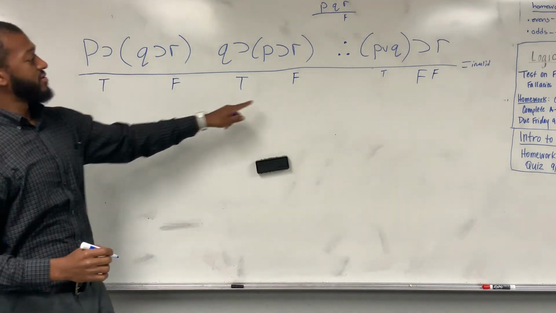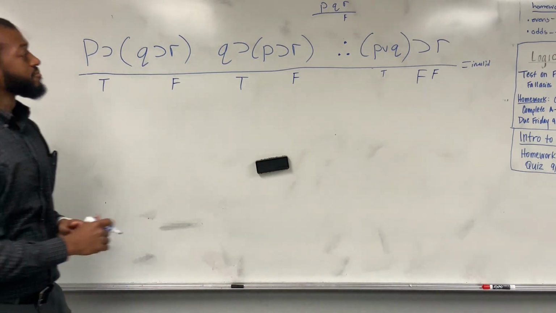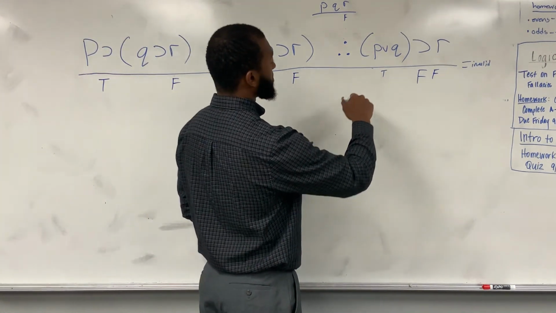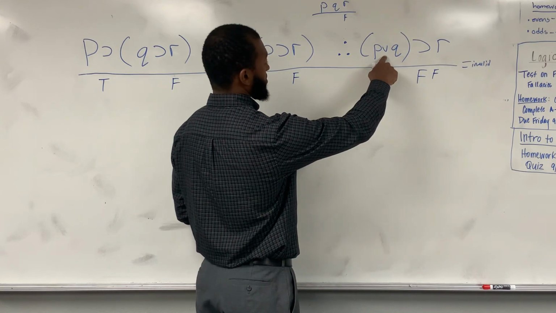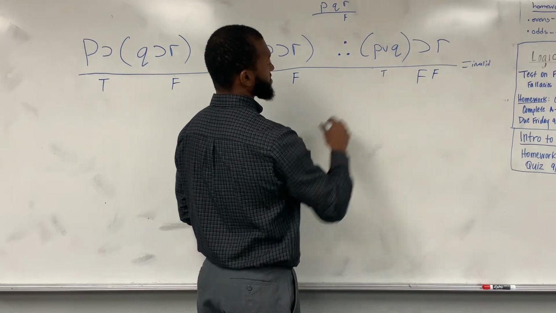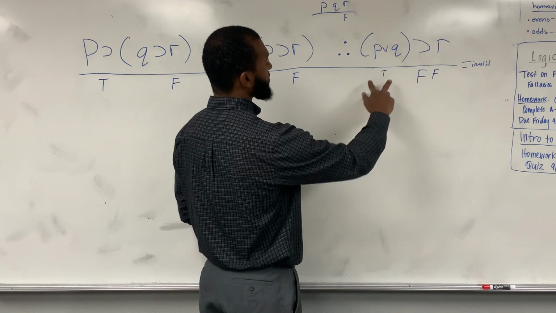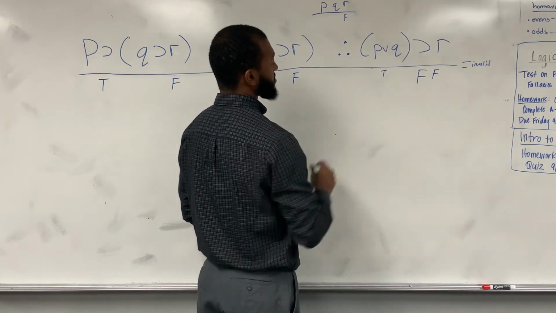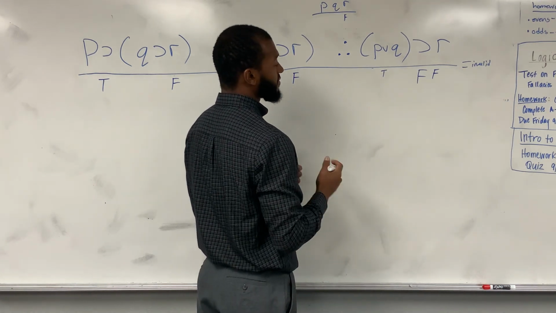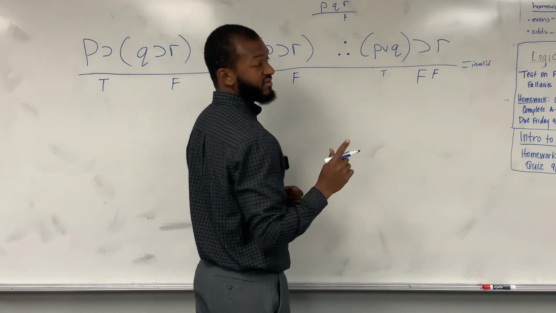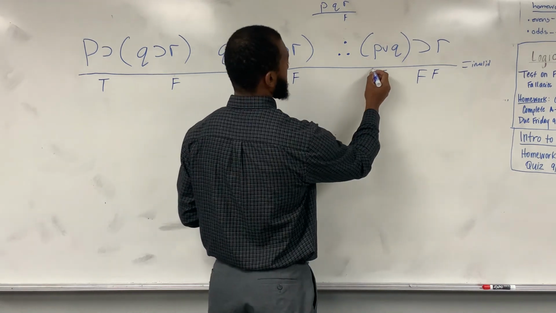My R's are false. Let's finish working this. My disjunction says it's true. So one of these must be true. They can both be true, but at least one of them must be true. So let's make the P true.